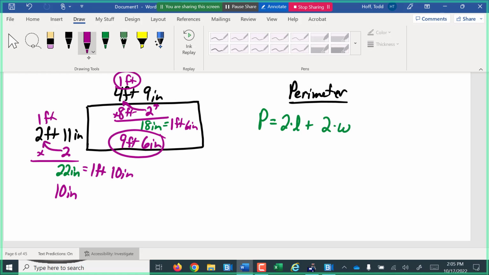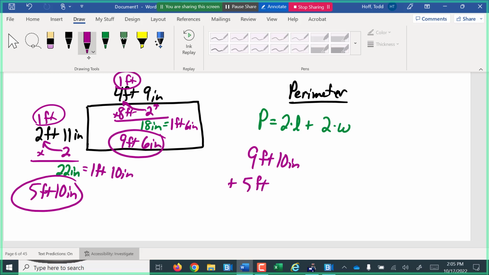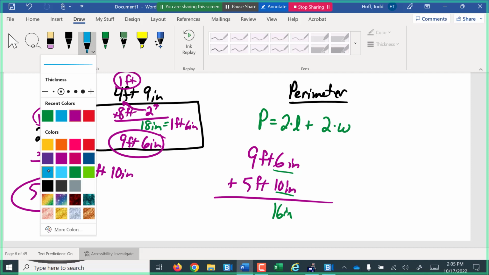2 times 2 feet is? 4 feet plus 1 foot. Perfect. 4 feet plus the 1 is 5 feet. Now we have to add those two. So 9 feet 6 inches plus 5 feet 10 inches. So 6 inches plus 10 inches makes 16 inches, which of course is more than a foot.